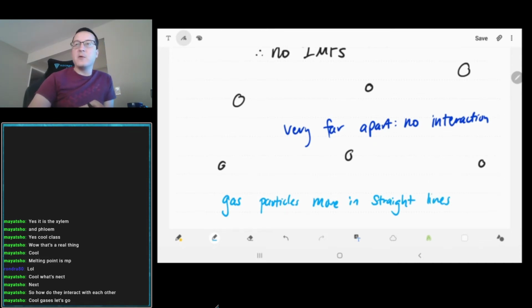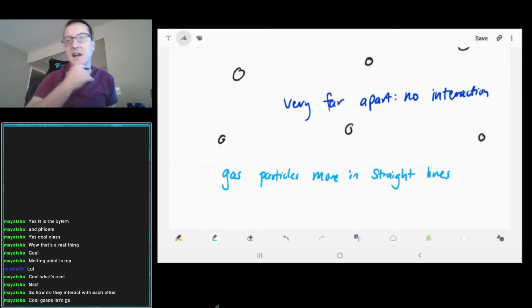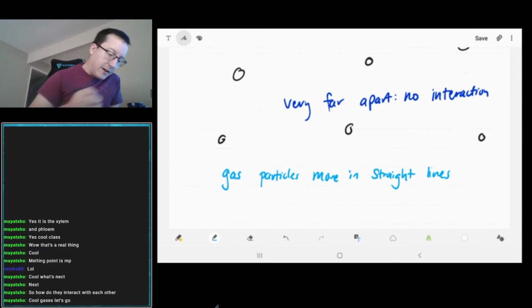So they just kind of go until they run into something. And that could be a wall, that could be other gas molecules. It could be some container, a balloon, whatever, or our eyeballs, whatever. Gas molecules just move around in straight lines, roughly.